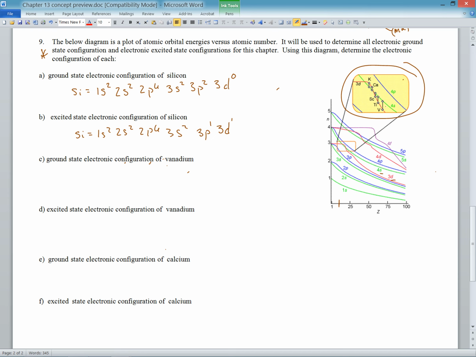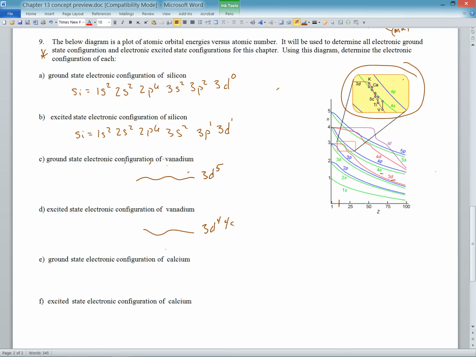You write them on the side. For vanadium, you should have all that stuff, all the way up to 3D5, excited state. 3D4, yep, and then 4S1.